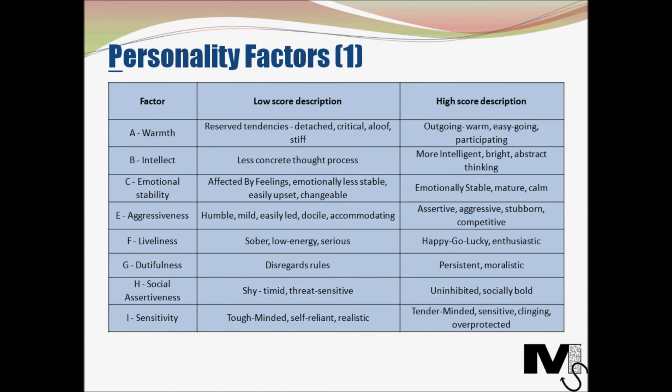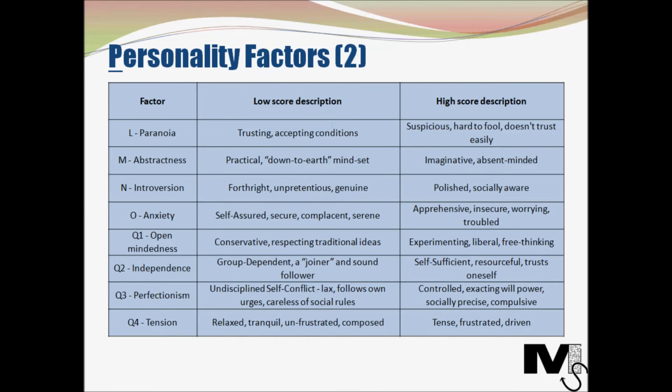I is sensitivity. A low score description can mean being tough-minded, self-reliant, and realistic, so very low sensitivity. And a high score description can mean being tender-minded, sensitive, clinging, and overprotected. The next factor is L, paranoia. A low score description can mean being trusting and accepting whatever comes their way.